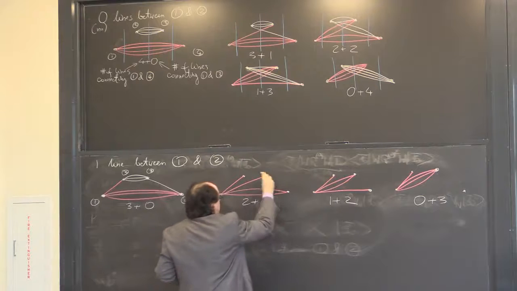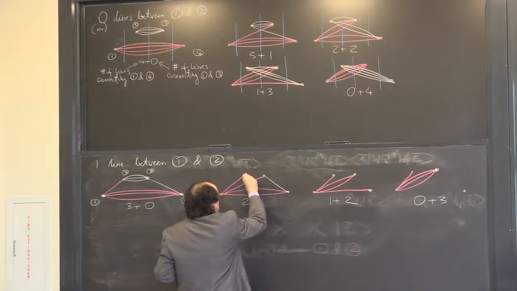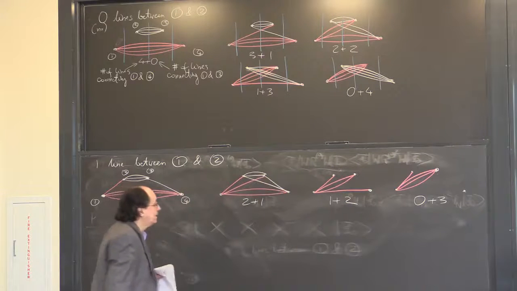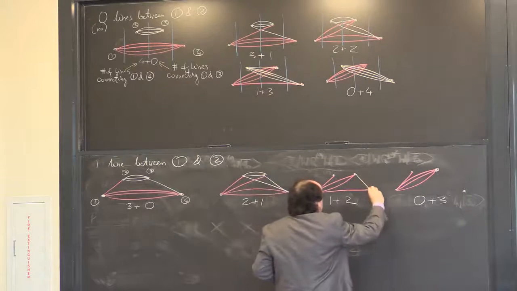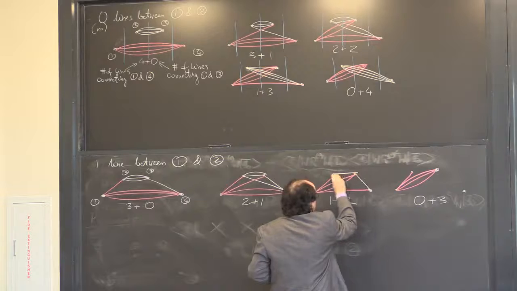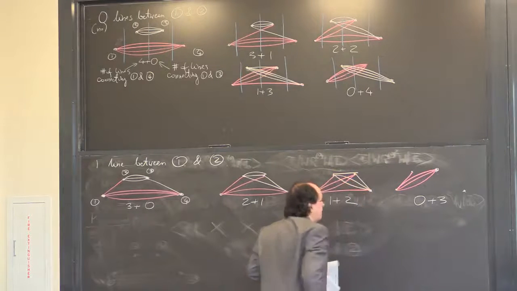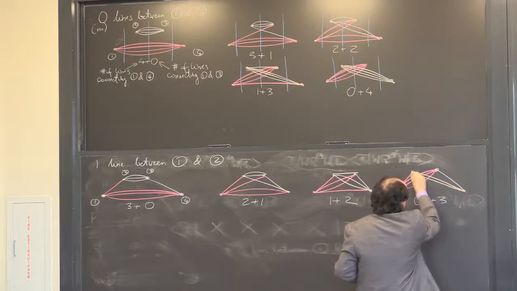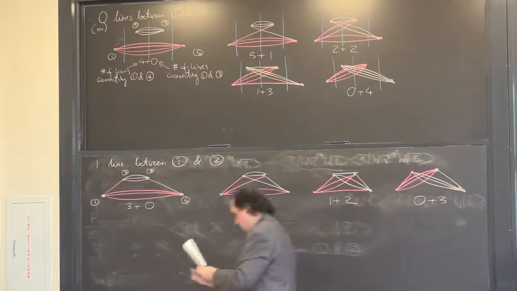Then here we'll have 1 line, 2 lines, and 1 line. Then we'll have 1 line here, 1 line here, and 2 lines here. And we'll have 1 line here, and 3 lines here.